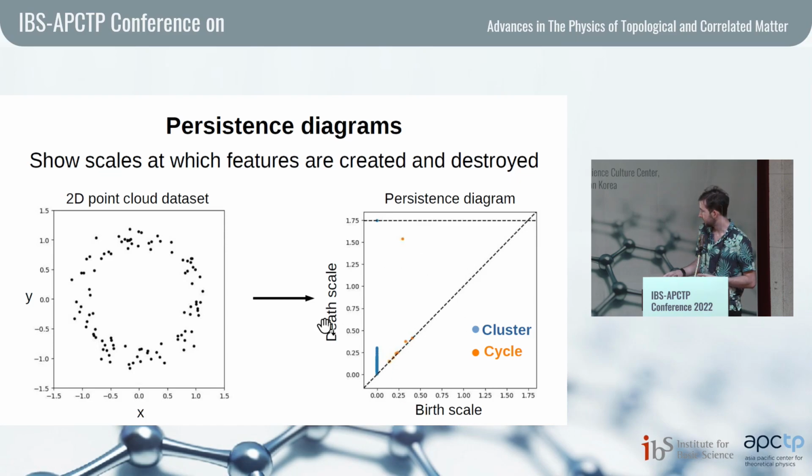The horizontal axis is illustrating the scale at which this feature appears, and the vertical axis, the scale at which the feature is destroyed. So this is, for example, the persistence diagram obtained for this kind of two-dimensional point cloud.